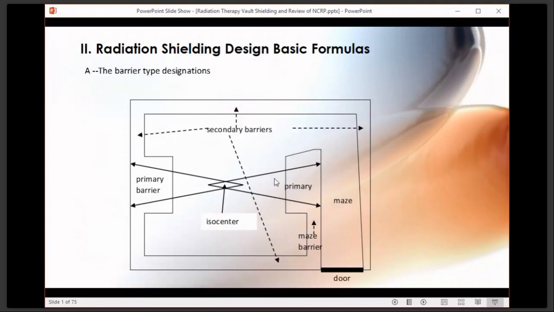The layout here is one where we've got a maze and a door at the end of the maze, and this area here has a secondary barrier. It's protecting the door over here, and a primary barrier.